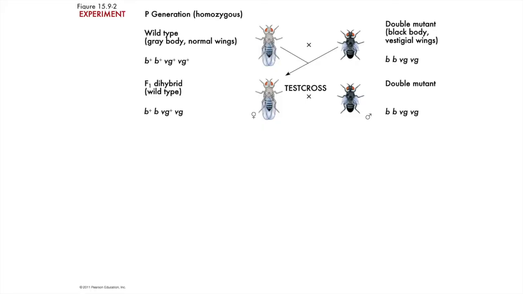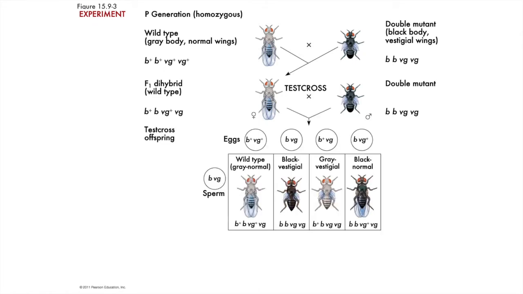But then Morgan took some of those F1 flies and performed what is known as a test cross. In a test cross, an organism expressing dominant phenotype is crossed with a recessive organism to test whether the dominant alleles are homozygous or heterozygous, though in this case, the hybrids were known to be heterozygous.